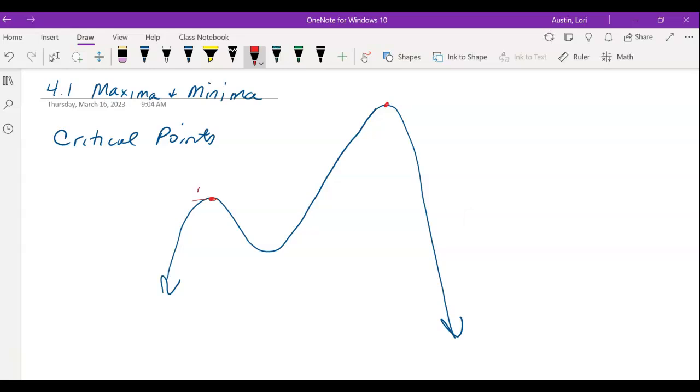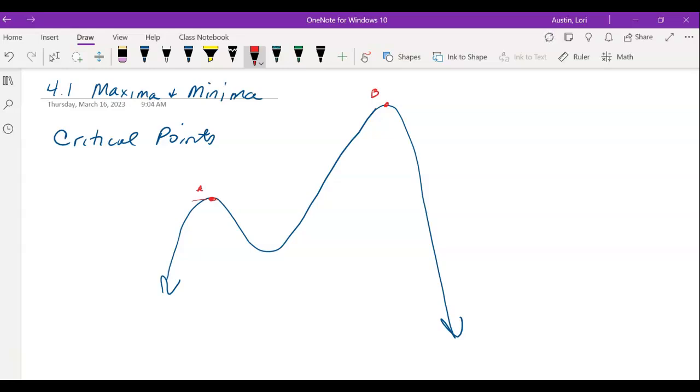All right, so we'll call this point A and that point B. So point B is clearly more maximum than point A, right? In fact, point B, and we'll get to all the terminology and I'll write them all out. We have what we call local maximum and minimum points, and then what we call them local or relative, and then what we call absolute maximum and minimum points. So when we're talking about absolute, we're talking about the absolute highest point on that graph. So that would be B, right?